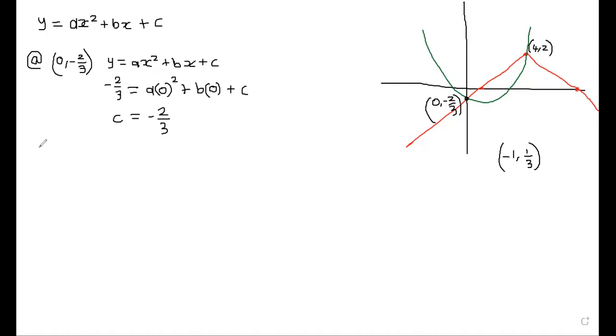Now, let's take another point. We have 3 points of interest. Which one should we take now? At 4 and 2. Let's take the 4 and 2. Right?